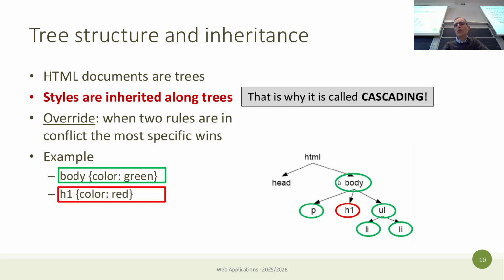Here you have the tree, it says everything is green, but H1 says red. This one is more specific because it applies to a subset of the tree, so it wins over the general one that applies to the rest of the tree. In short, you don't have to solve the conflicts. They are solved automatically by CSS.